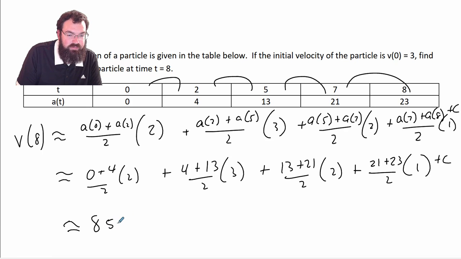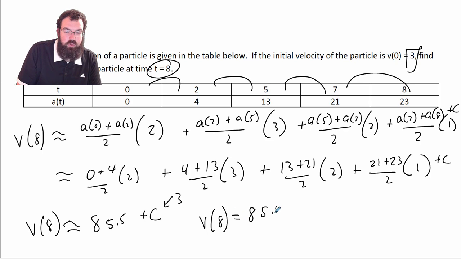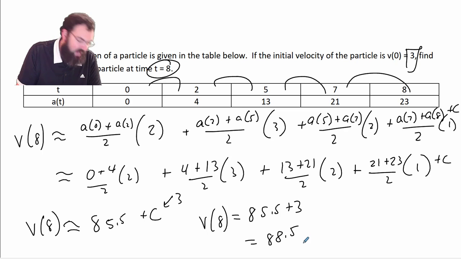Sorry, 85.5 plus some constant, all right, which is equal to v of 8, because that's what I want to find. I want to find v of 8, right, velocity at 8. And so we know that the initial condition is 3, so this c is actually going to be 3. So v of 8 is going to be equal to 85.5 plus 3, which is about 88.5.